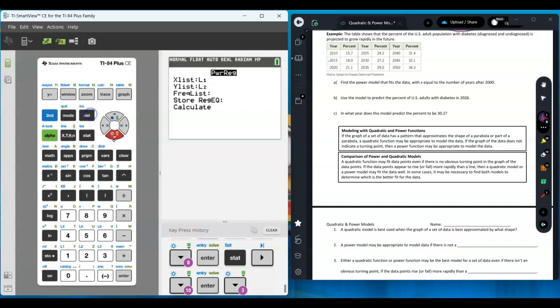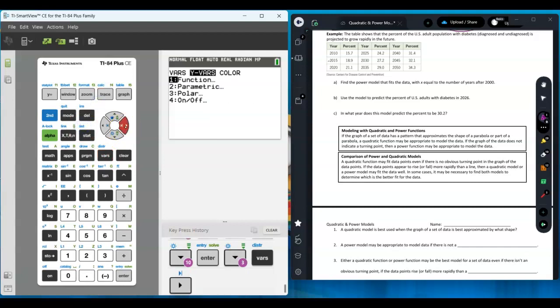Since I'm going to go ahead and graph the equation that it gives me, I'm going to tell it where I want it to store that. So on the line that says Store RegEQ, I'm going to go to Vars, over to Y-Vars, choose Function and choose Y1, which is telling it that I want it to store the equation in Y equals or in Y1. And then hit enter and again hit enter to calculate that.